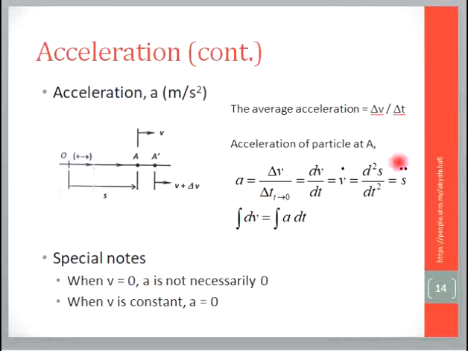Okay, we have a equal to delta v over delta t, so also same with dv/dt, and v equal to ds/dt, so it becomes d squared s over dt squared.